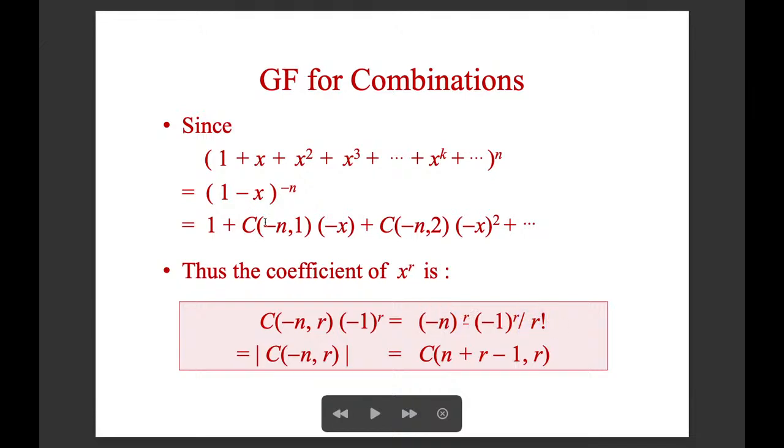Now, if you look at this one, minus n choose 1, you will be multiplying with minus 1. Minus n choose 2, you will be multiplying with minus 1 squared. So if you want to look at the coefficient of x to the power r, this will be exactly equal to minus n to the power r falling multiplied with (minus 1) to the power r, divided by r factorial.